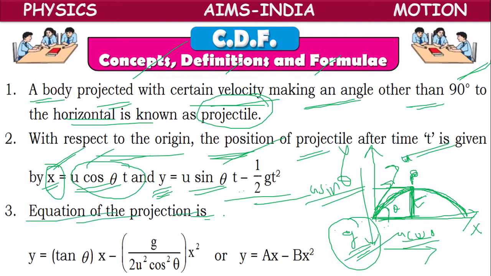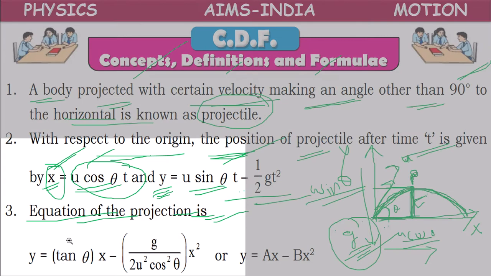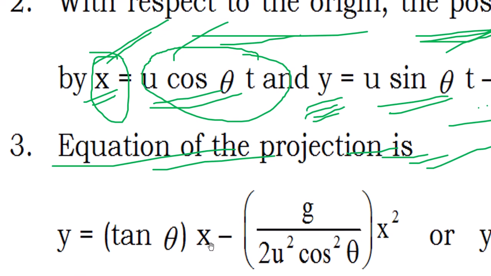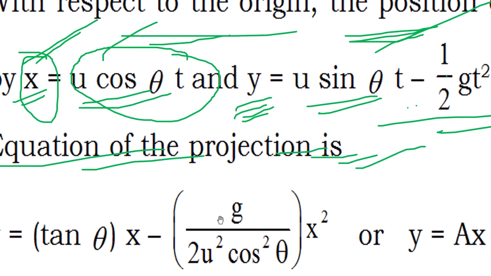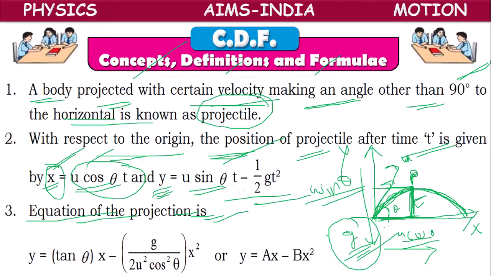So the equation of the projectile is given by y equal to tan theta into x minus g by 2u square cos square theta into x square.